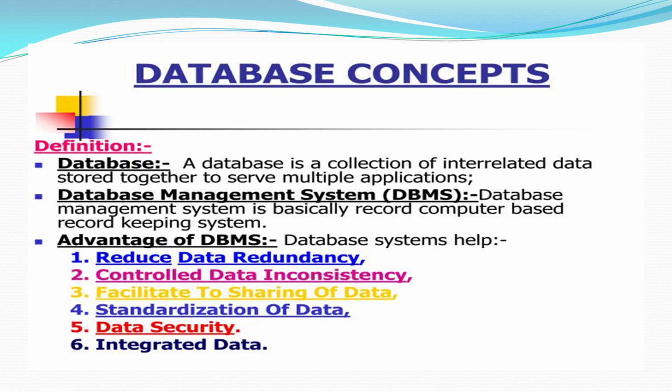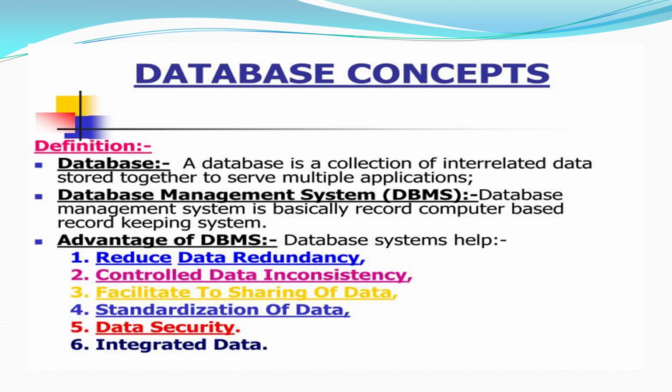Initially, without using computers, in conventional methods, people have kept records in the offices, while nowadays a database stores interrelated data together to serve multiple applications, and there are a number of advantages of this computer based record keeping system. One is reduced data redundancy, this is one of the important advantages.